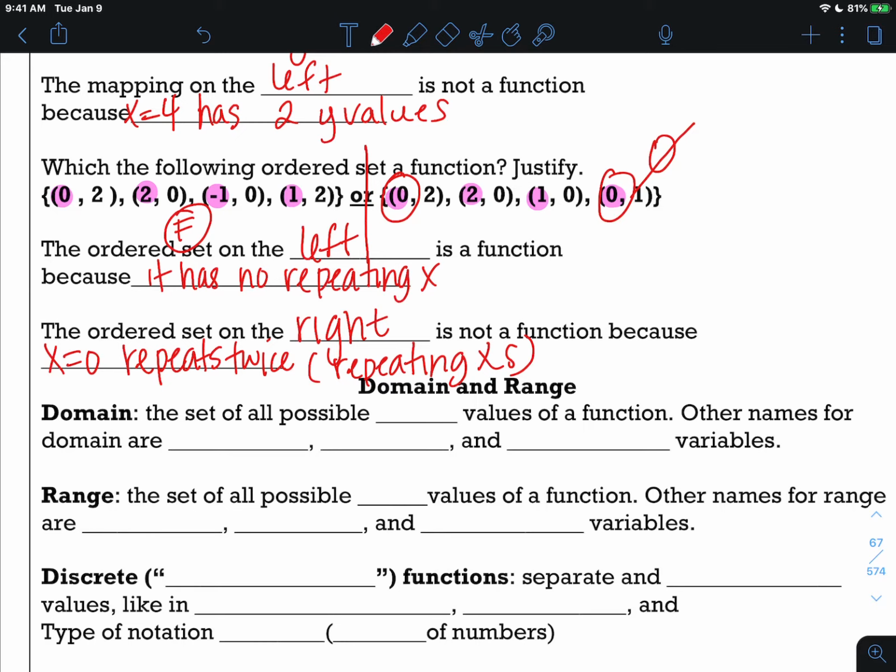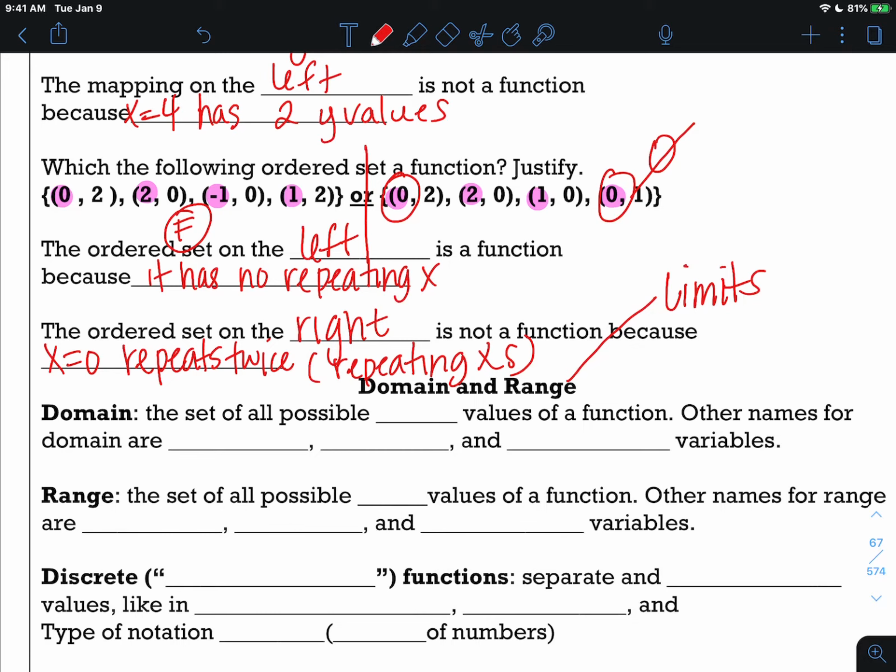Okay, so as I mentioned earlier, sometimes people refer to x as the domain, y as the range. Domain and range is kind of a weird topic because a lot of times people don't really understand it. In fact, when I was in school, I had no clue what these were because nobody ever really explained it to me. So the way that I like to think about them is that these are my limits. How far do the things on my graph go?